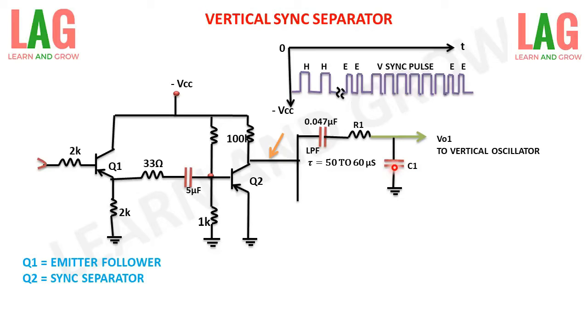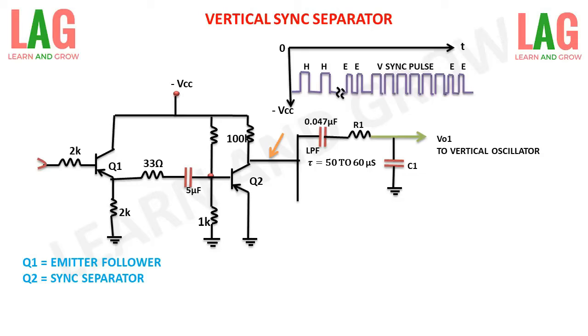The time constant of this horizontal synchronizing pulse and the equalizing pulse will be greater than that of the time constant of this low pass filter. Due to this condition, the voltage appearing across the capacitor will be negligible. So these horizontal and equalizing pulses will be neglected from the low pass filter circuit and there will not be any output produced during this time.